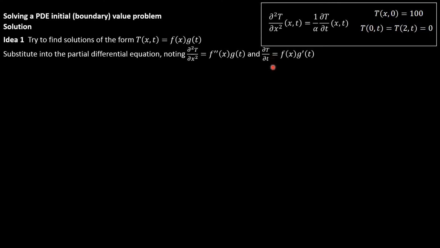This is just a function of time. Similarly, the partial derivative of this guess with respect to time is just going to be f of x times the derivative of our function of time. So when we plug this in here and this in here, we get this equation in the 2 unknown functions f of x and g of t.